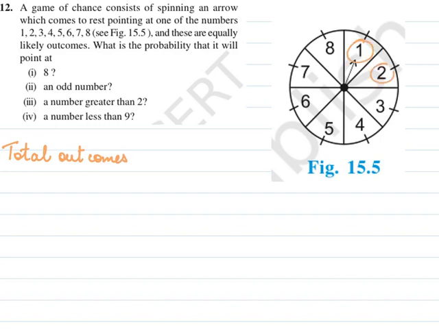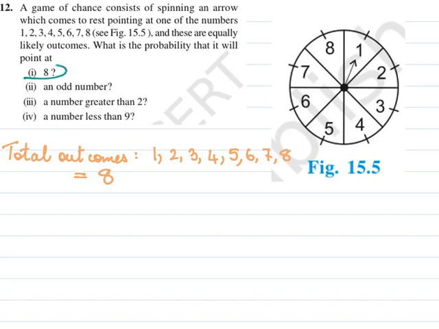And the numbers on the spinning board are 1, 2, 3, 4, 5, 6, 7, 8. So the total outcomes are 8.